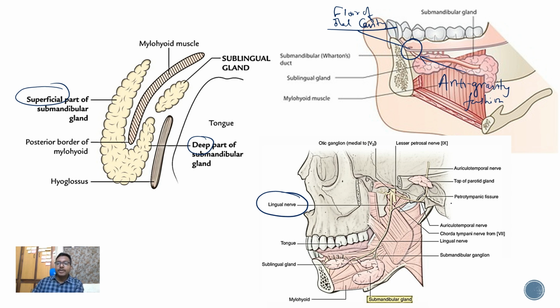Why is it important to understand that the course of Wharton's duct is in anti-gravity fashion? Out of all the three major salivary glands, the gland with more risk of developing calculi is the submandibular gland. Why is it so? There are three important reasons.